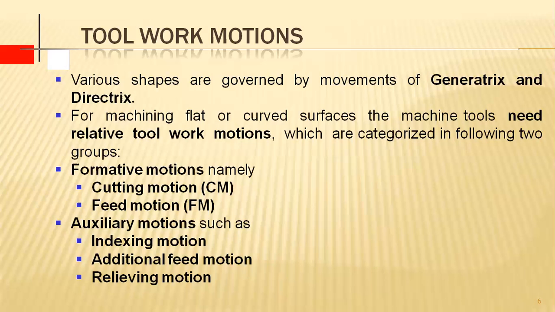Coming to the first group, there are formative motions, namely the cutting motion and feed motion. Second, the auxiliary motions, which include the indexing motion, additional feed motion, and the relieving motion.